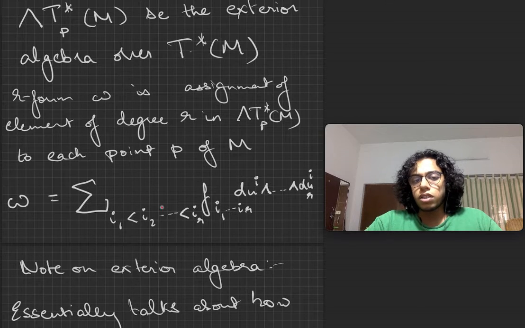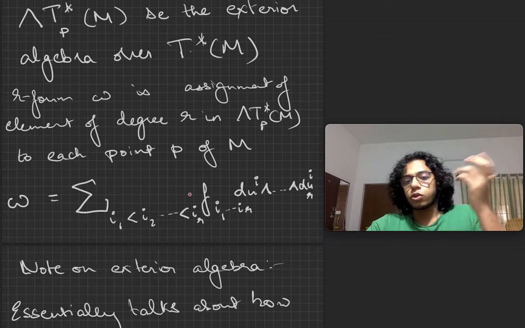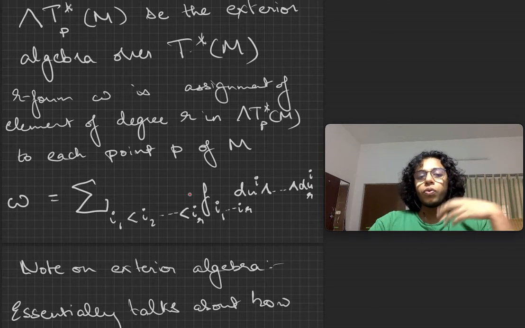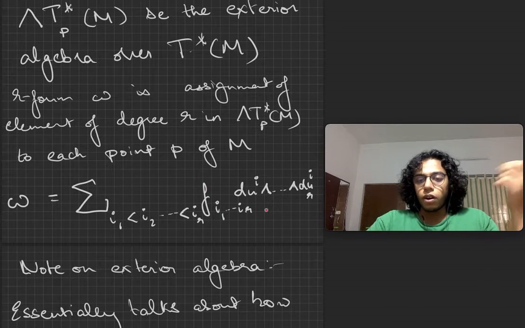Essentially you are taking R one forms, and you have some sort of permutation combination of all those one forms, and each of them has a corresponding function based on the function that is associated with the one form itself. We will look into how to get f i1 to iR in some future video.